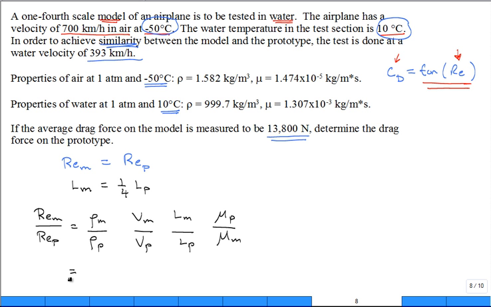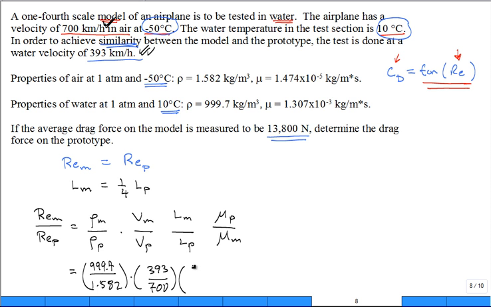The density of the model, which was conducted in water, 999.7 kilograms per meter cubed, and the prototype in air, 1.582, times the velocity in the model, 393 kilometers per hour, the prototype 700 kilometers per hour.